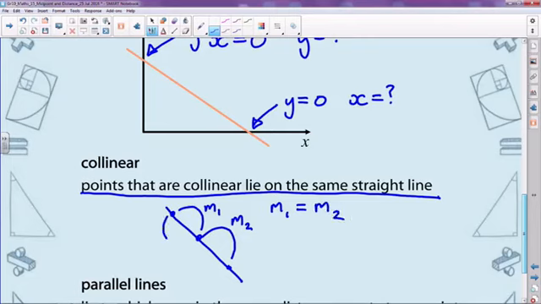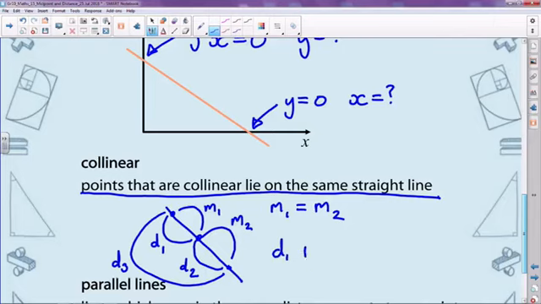Or you could check if the distance between point 1 and 2 plus the distance between point 2 and 3 is the same as the whole distance, let's call it d3. In other words, does d1 plus d2 equal the distance d3? So that's how you prove that points are collinear.